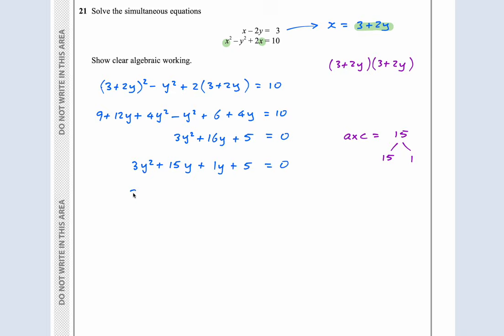Factors of this are going to be 3y, gives me y plus 5. Sorry, just y plus 5. Then plus 1, and again y plus 5 equals 0.